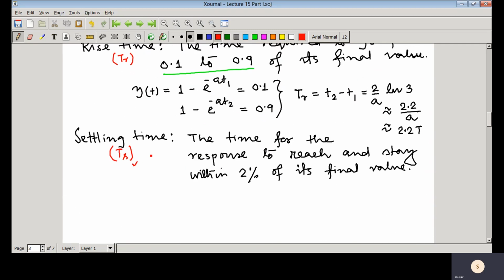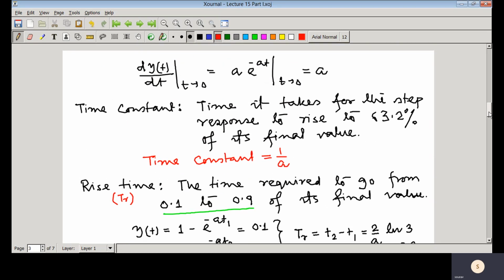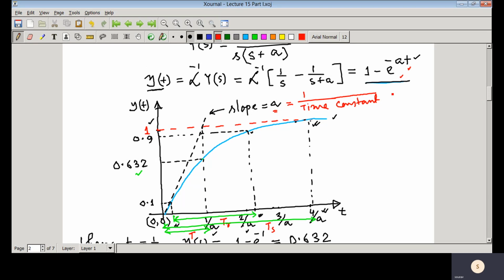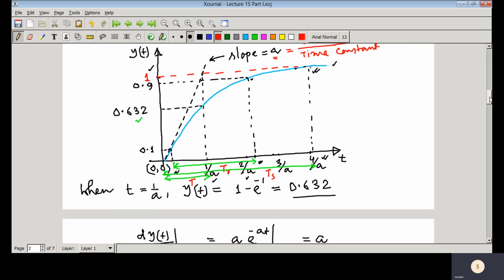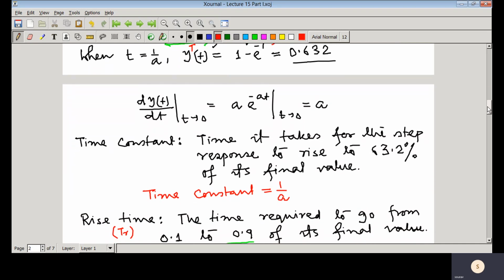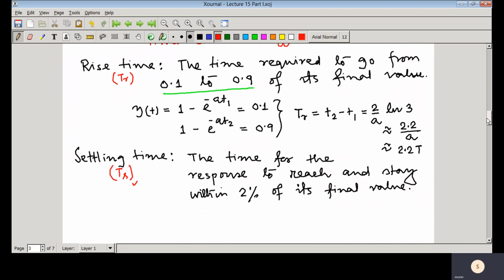We can easily calculate it because we know that y(t) equals 1 minus e to the power minus at, and this y(t) would be equal to 0.98 if we take 2%. In some cases we take the definition considering 5% as well.